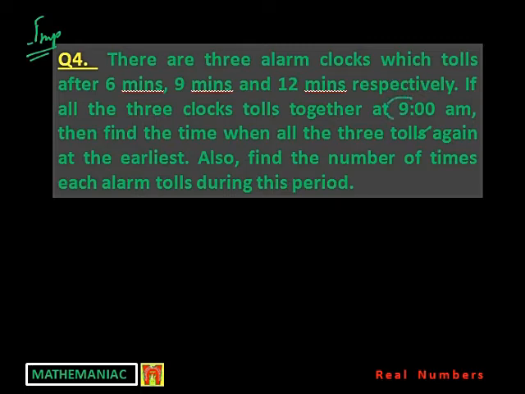So now if all the 3 are set in such a way that at 9 they all ring together, then you go on leaving the alarm clocks. Then after a certain time, they all will again ring together. They are asking you what is that time, and by that time how many times each clock rang.